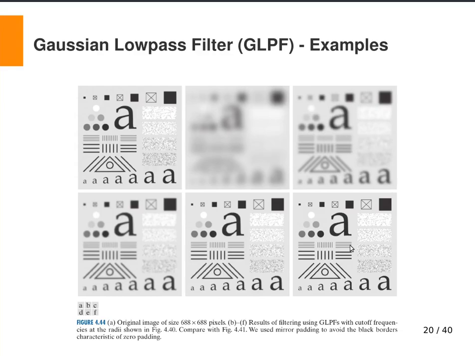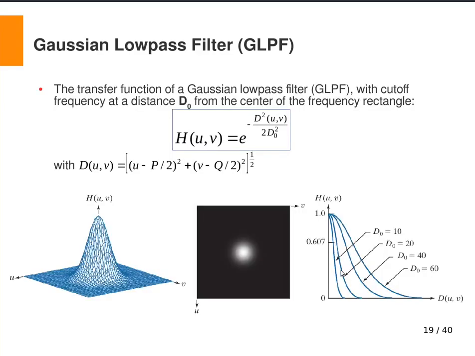One thing that you might notice is that in comparison to the ideal low pass filter, we have less smoothing when we are using the same d0s, and the reason for that is the transition is much smoother in the Gaussian low pass filter.